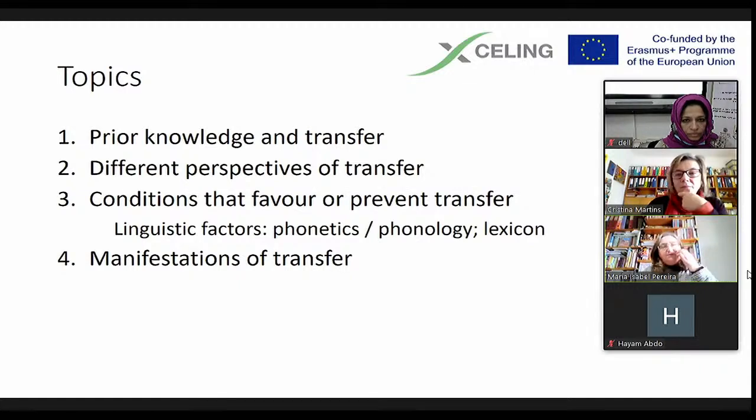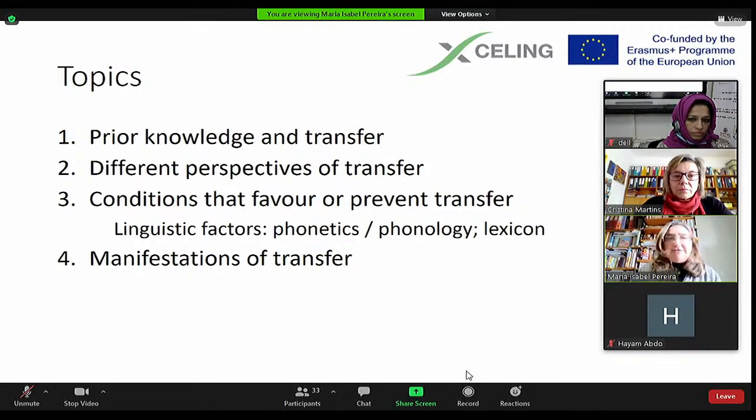The topics of the talk are mainly these: a definition of prior knowledge and the role of prior knowledge and transfer in learning; then three different perspectives of the concept of transfer; then conditions that favor or prevent transfer, and among those, the linguistic factors, mainly phonetics, phonology, and lexicon; and then manifestations, or displays, of transfer.